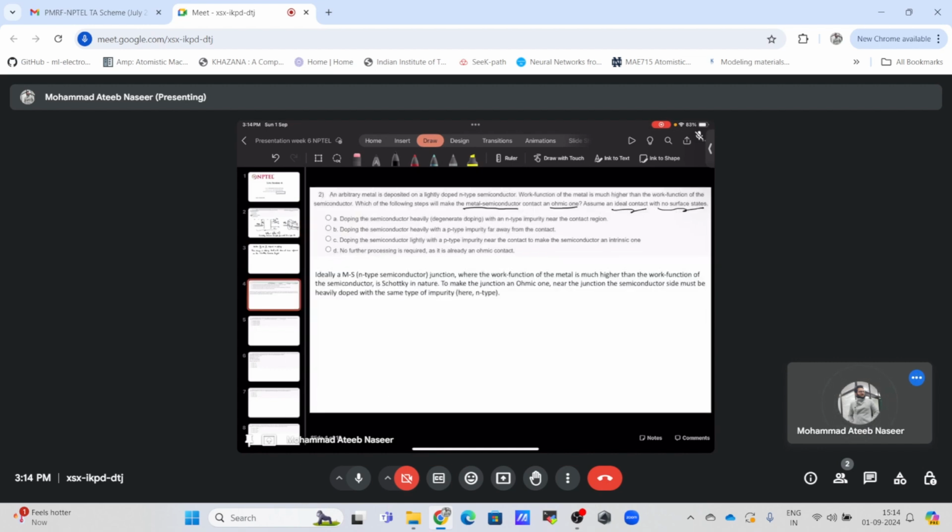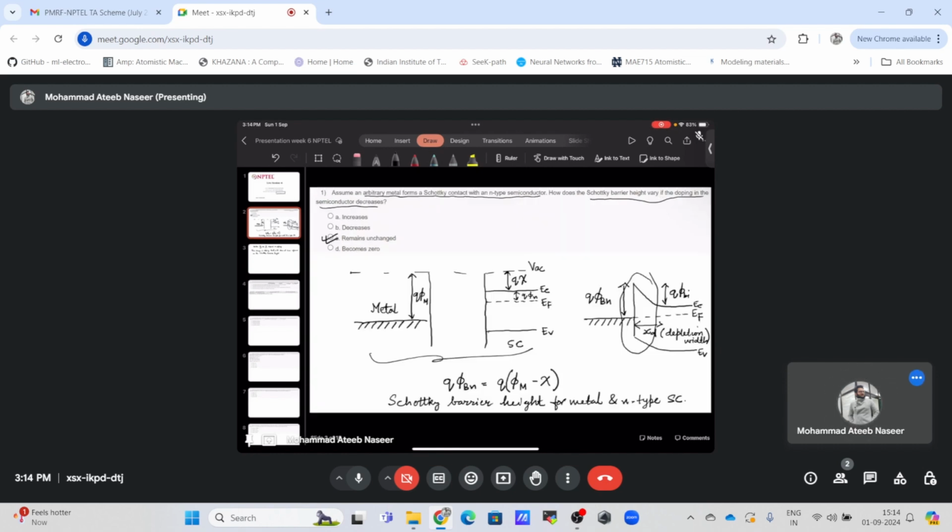Ideally, a metal and n-type semiconductor junction where the metal work function is higher than the semiconductor work function is Schottky in nature. We have seen this.